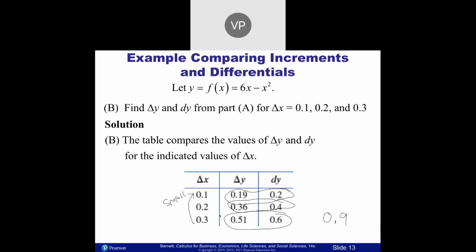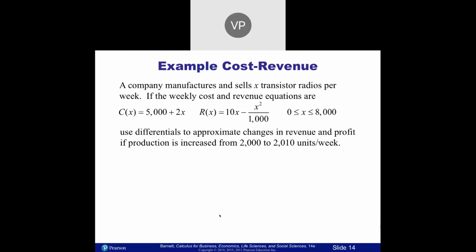Here the difference is 0.4. Here the difference is 0.1. You guys see how as delta x gets smaller and smaller, these two things become equal. Earlier, remember, you had that symbol right there. They're close as delta x gets tinier. So the smaller you make delta x, the closer those become, and they essentially become the same number. So that's the goal here of this example, to demonstrate that.